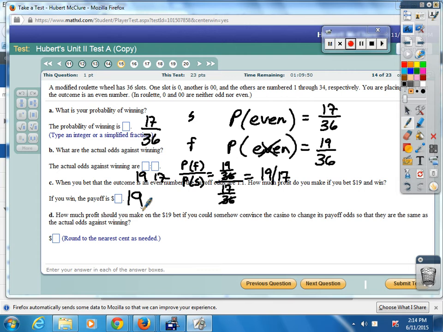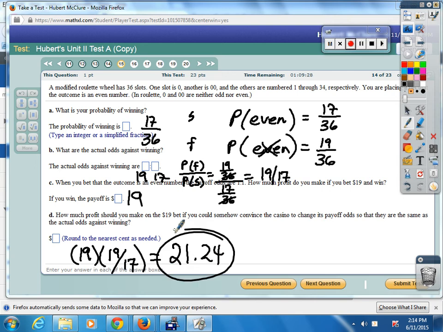All right, now this one. This one is going to be $19 times 19 over 17. That's your conversion factor. And what is your answer? Somebody tell me what the answer is. 21.235. $21.24.